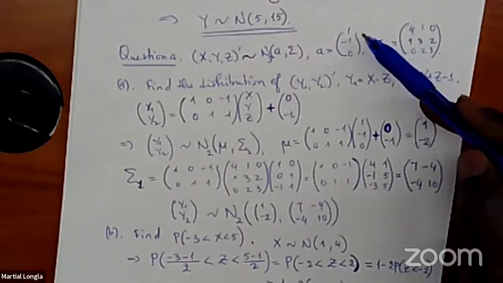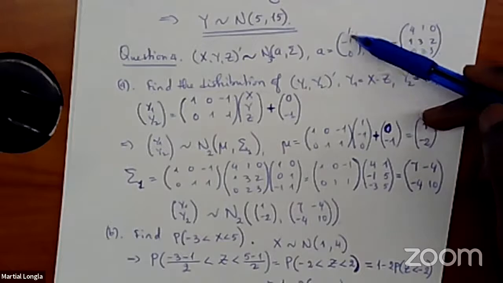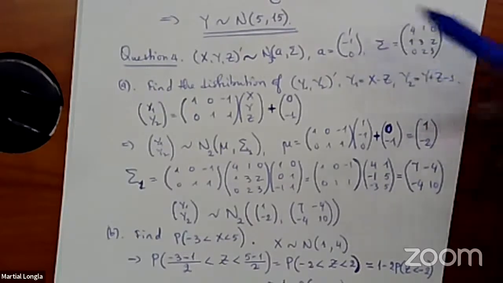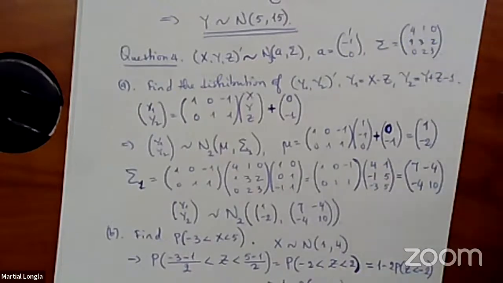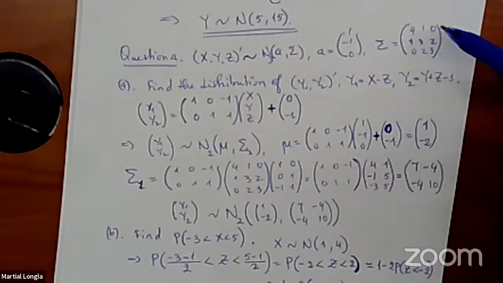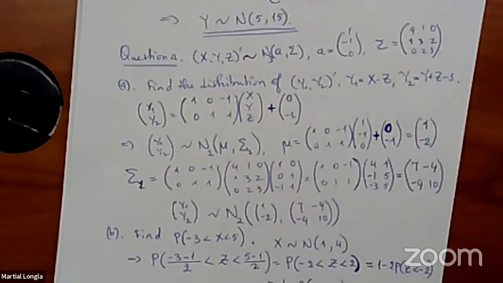A is given as 1, -1, 0, which means this is the mean of X, this is the mean of Y, and that's the mean of Z. Then sigma is given as this. And this means this is the variance of X, this is the variance of Y, that's the variance of Z. This is the covariance of XY, this is the covariance of XZ, that's the covariance of YZ. That's what is inside the covariance matrix.